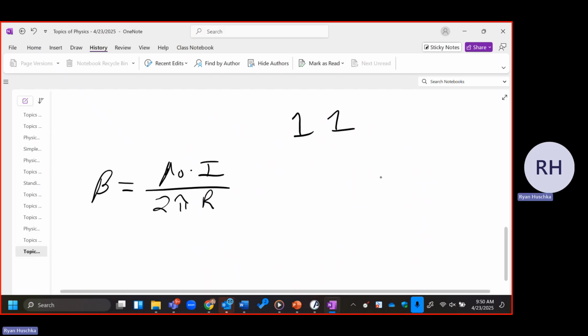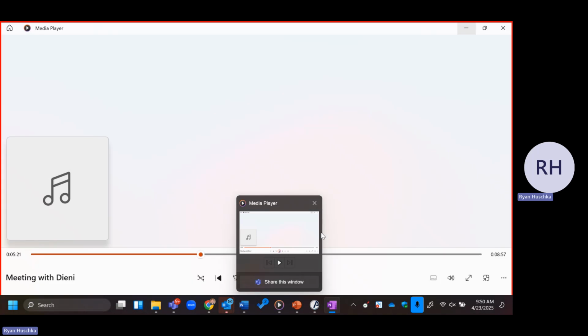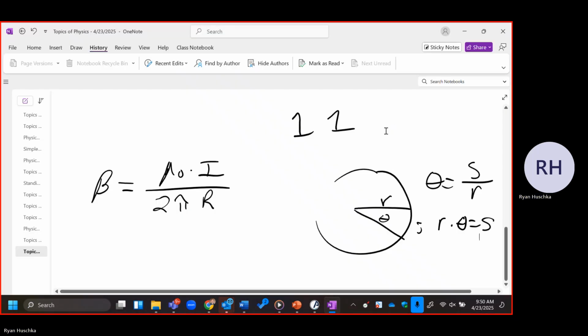Yeah, so if you did a circle right there, and you did an angle theta, radius R, and arc length S, your theta would be S over R, or R times theta is equal to S. And see on that figure, R times d theta is equal to dS.